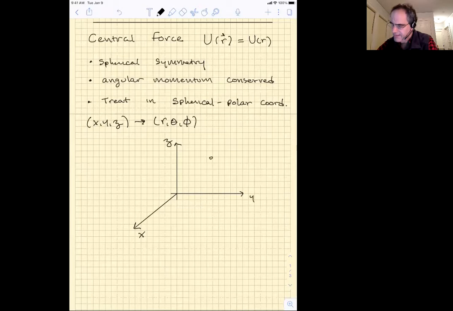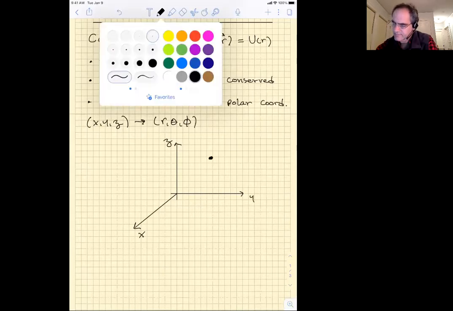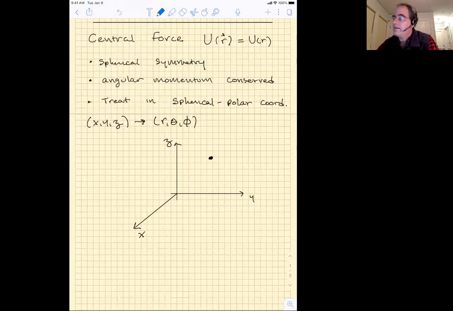And if we have some point here, then in spherical polar coordinates, r is the distance from the origin out to the point. Theta is the polar angle. It's measured down from the z-axis.